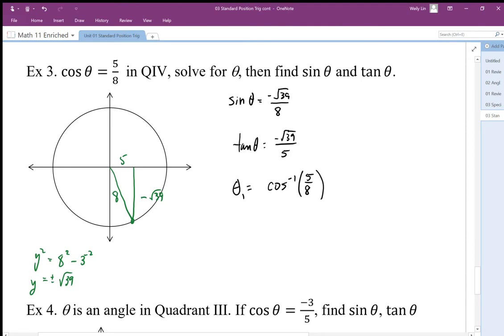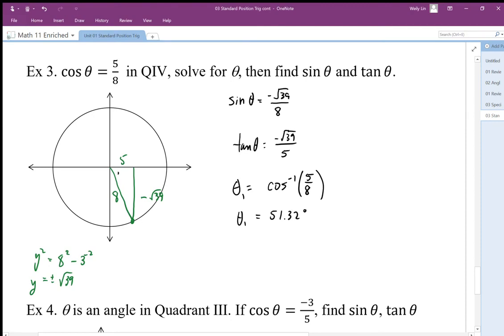My output is going to be my angle. So when I work this out, I end up with second cos 5 divided by 8 equals 51.32. So theta 1 is equal to 51.32 degrees. And when I look at that angle there, yeah, it looks reasonable.